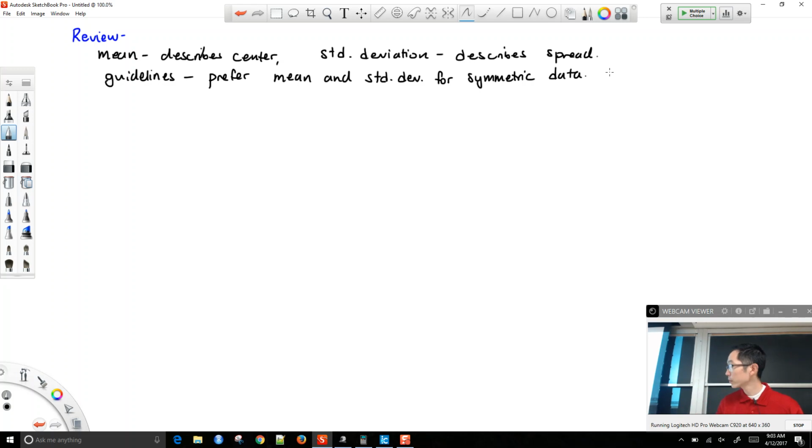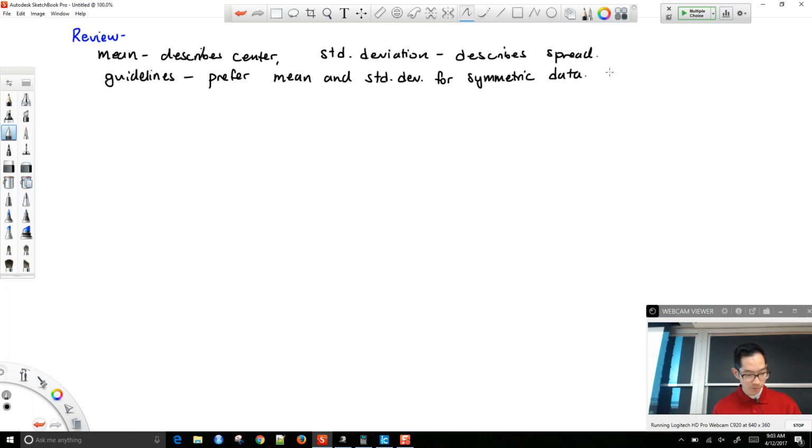So with the mean and the standard deviation, these values can be used to determine something known as a Z-score.